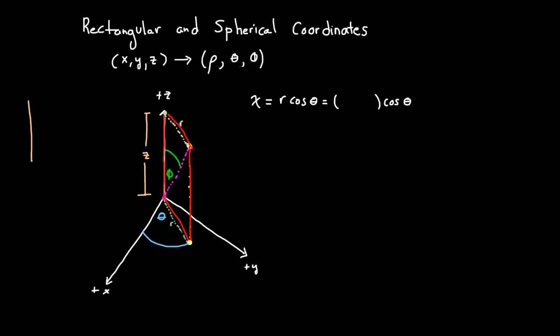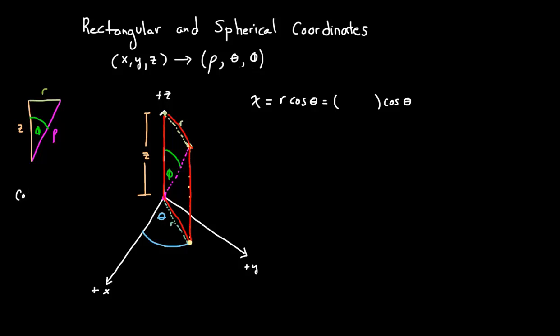So this is the z, and then we have the r up at the top, which is in that green color. And then I'm going to draw the rho. Rho is this pink purplish color here. Rho, r, z. And then phi, of course, is this angle here.